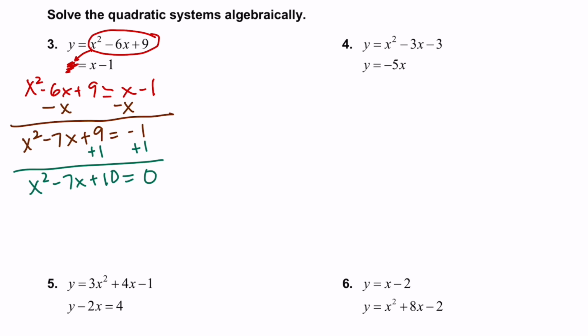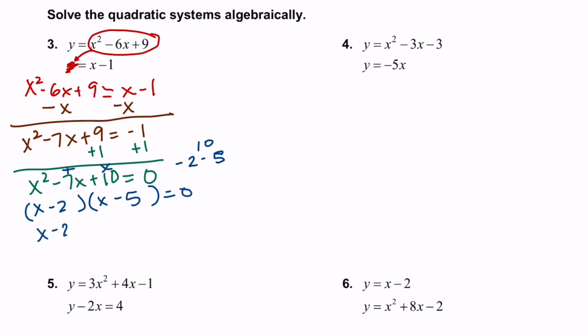This would be an easy factoring: two things that add to negative 7 and multiply to 10. I've got 2 times 5 is 10, but we want them to add to a negative 7. So if I take negative 2 times negative 5, that multiplies to equal a positive 10, but it also adds to be a negative 7. So those are my two numbers. I have a minus 2 and a minus 5.